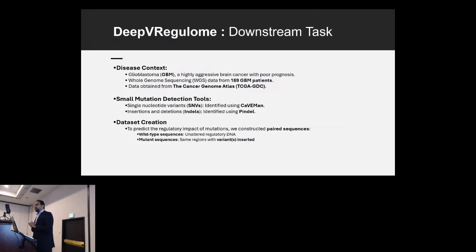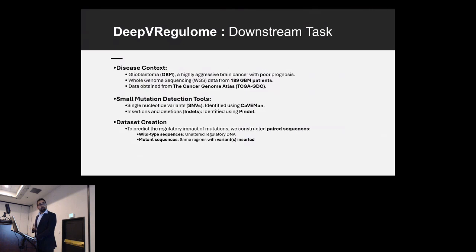We got 190 GBM cancer patients from the TCGA GDC portal, and we are applying this framework to other cancer patients from the GDC portal. We completed GBM, we are working on breast cancer, and we'll apply it to other cancers too, plant cancer also.